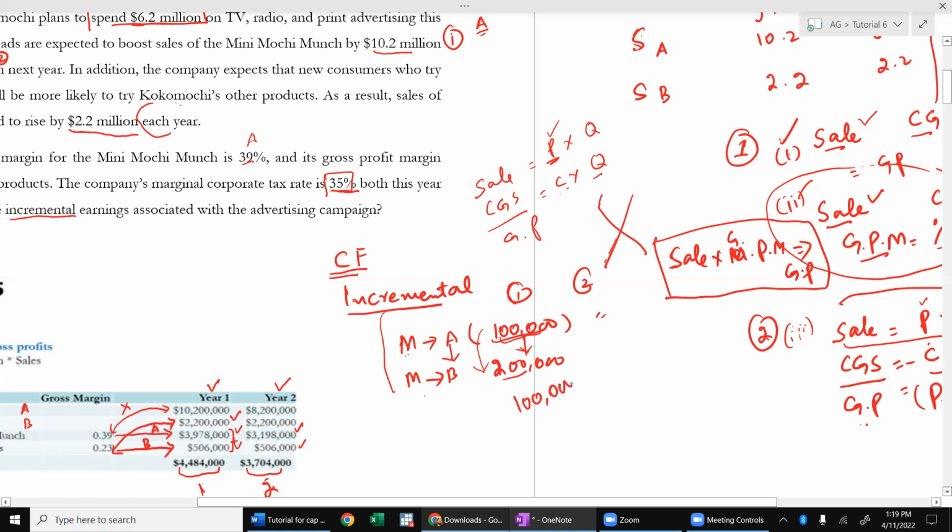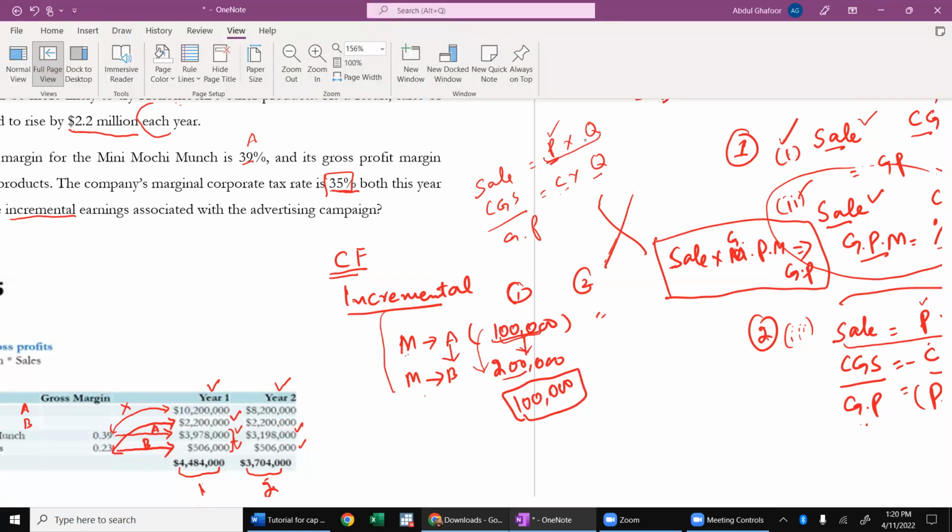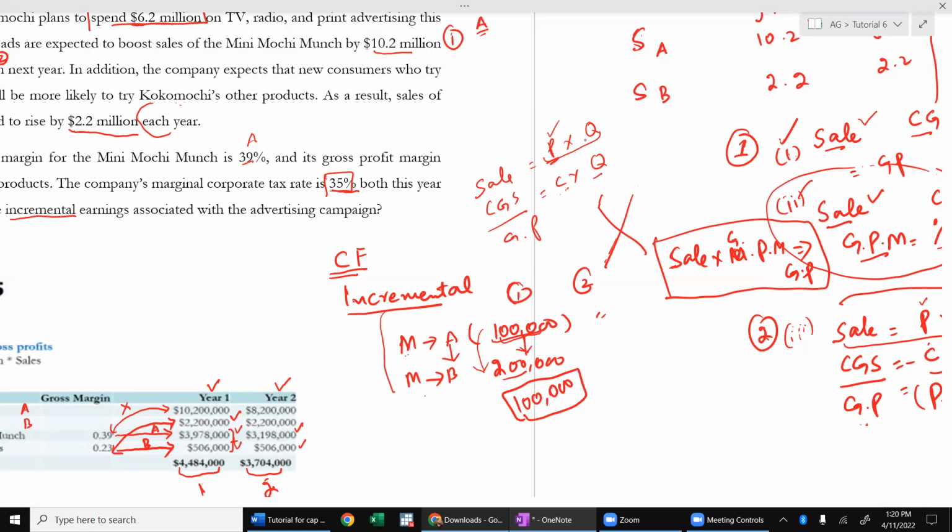Almost half of that, right? So my decision of switching from A to B is surely affecting the sales and CGS and all the components, but it is largely affecting which part of the estimation, P, C, or Q? Very good. It is quantity, right?